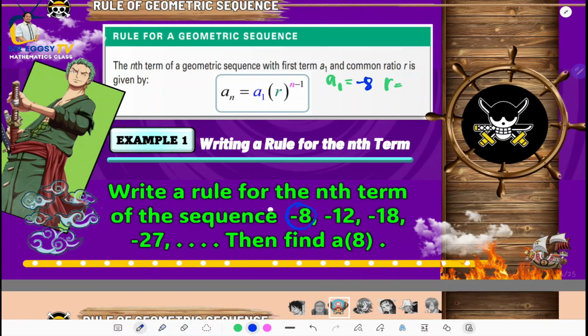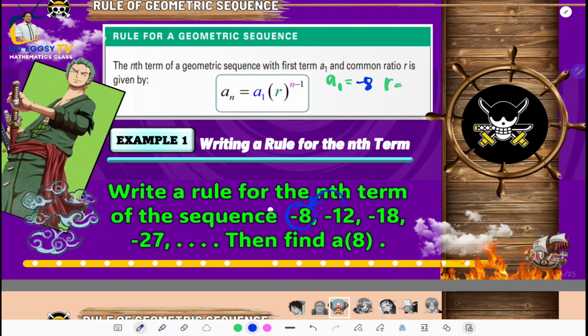Okay. Now, the common ratio is not given, but we can still identify the common ratio by dividing the second term by the first term, or the third term by the second term, or the fourth term by the third term. Okay? Or just divide the terms by their previous terms.